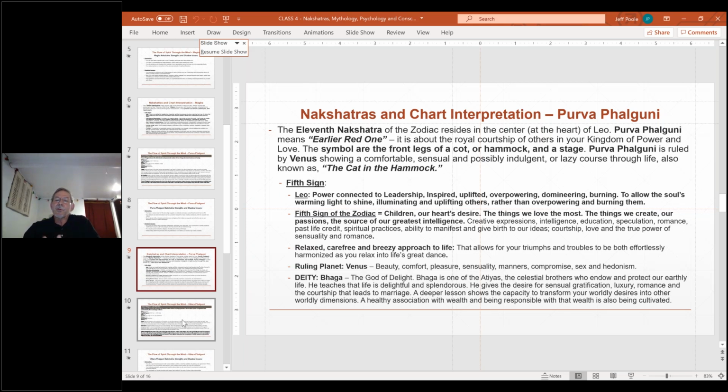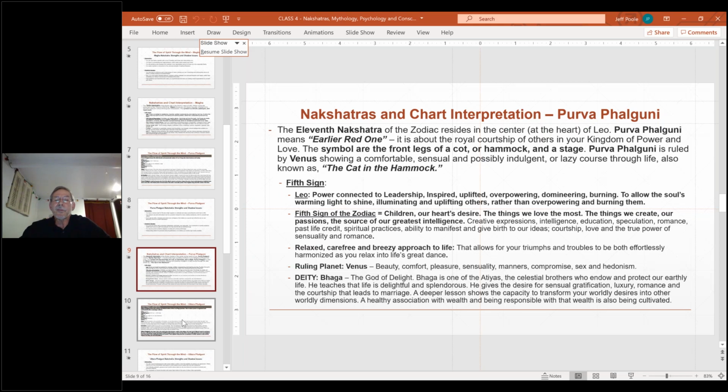So he gives you that desire to experience that, the sensual gratification, the luxury of life, and for some people that comes as romance. Romance isn't always related with a relationship. Things can be very romantic and they can romance you and they have nothing to do with somebody else there.